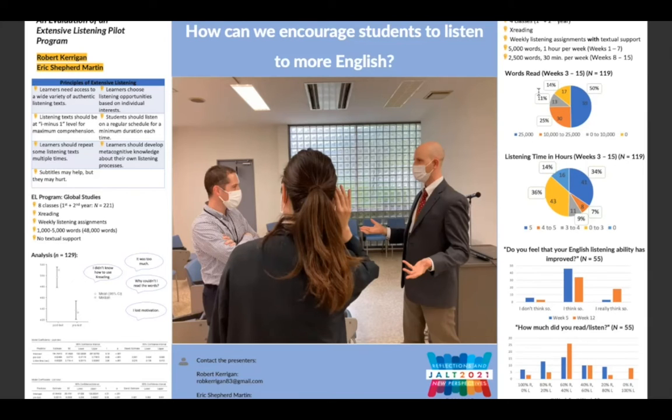I told them that the purpose was to use this material for listening practice. I asked students to look at the text when necessary, but otherwise, to the best of their abilities, to look away from the text and to try to choose texts that they could understand only through listening.